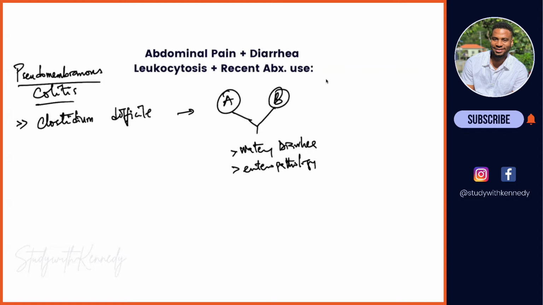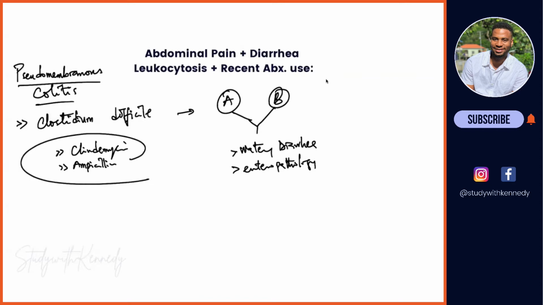And then, why do people get Clostridium difficile infection? One of the things you want to realize is all the organisms in the GI tract work together to create a balanced ecosystem within the gut. Now, when people take medications like clindamycin, ampicillin, which are broad spectrum antibiotics, or of course other medications like fluoroquinolones, proton pump inhibitors, and so on, you do away with the gut bacteria.